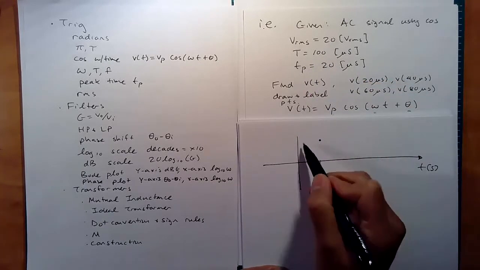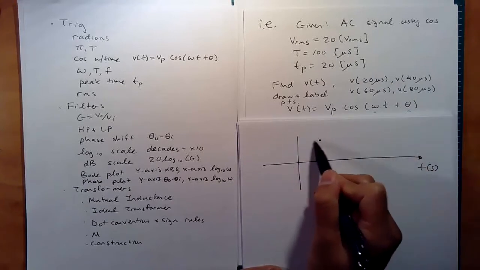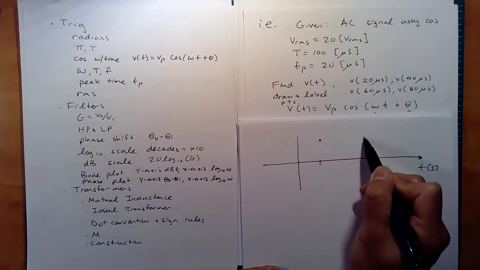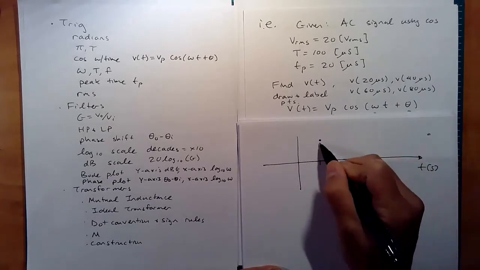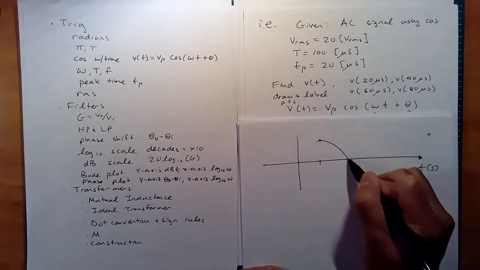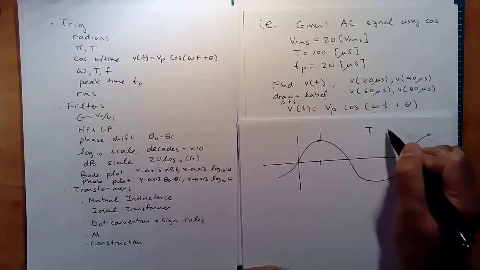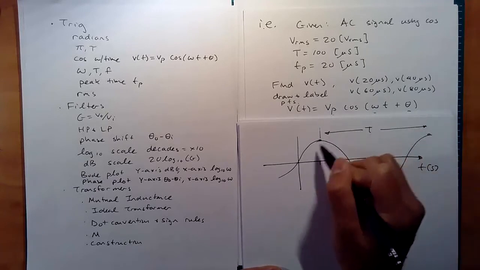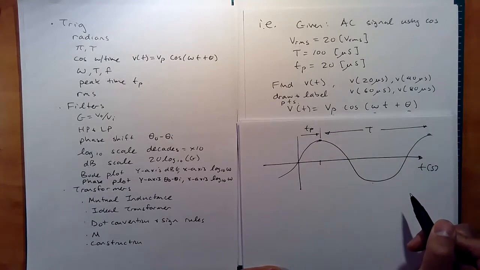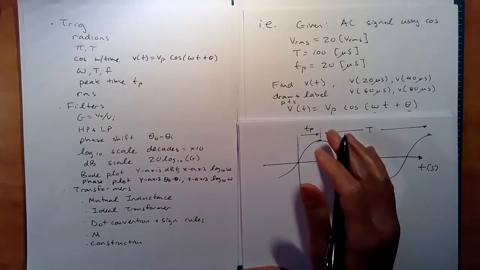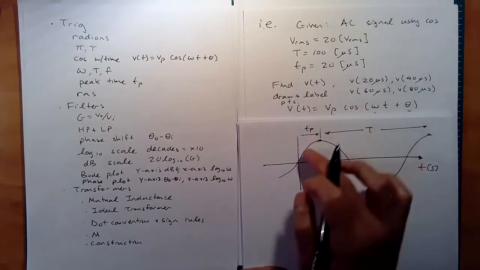Okay, so this is 20, and then you get 100. So this distance is like 5 times this distance. 1, 2, 3, 4, 5. And that's here. You're going to get a cosine that looks like that, right? So we know that this is your period, and then this is your peak time, right? Okay, that's not too bad. And we notice that we have a positive, we better get a negative phase, right?